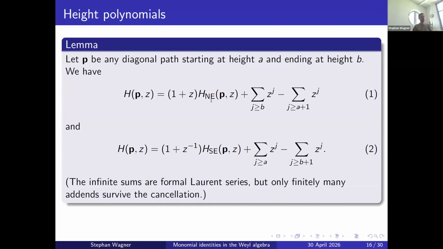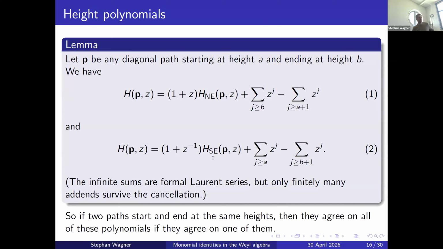And so one of these three polynomials is uniquely determined by the other two. I can always convert between any two of these three polynomials. I have some infinite series here, but these are really just formally infinite because all but finitely many terms cancel when I take this difference.